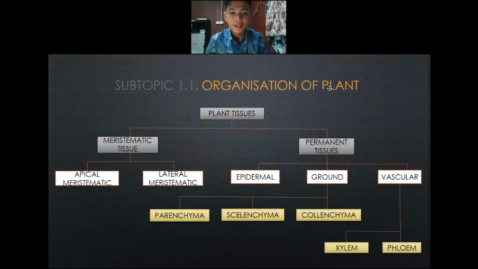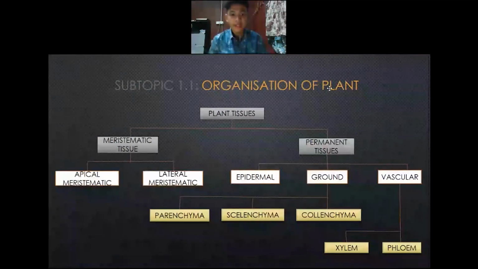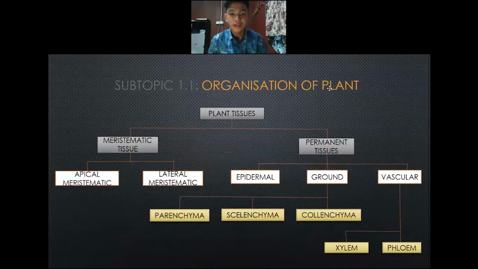The cuticle reduces loss of water through evaporation, and protects the leaf from mechanical injuries and pathogens. There are modified epidermal cells according to their function, like guard cells, which control the opening of the stomata, and root hair cells, which increase the surface area of the root for water and mineral salt absorption.